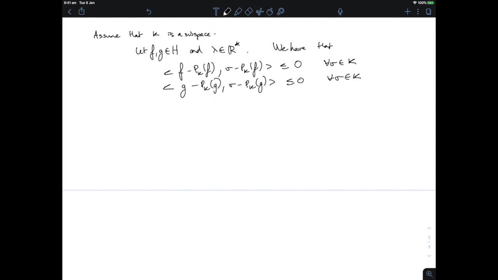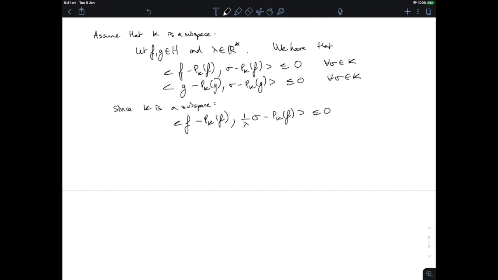And because K is a subspace, if I multiply v by 1 upon lambda, then I stay in K. So I have that (f minus P_K f, 1 upon lambda v minus P_K f) has to be less or equal than 0.